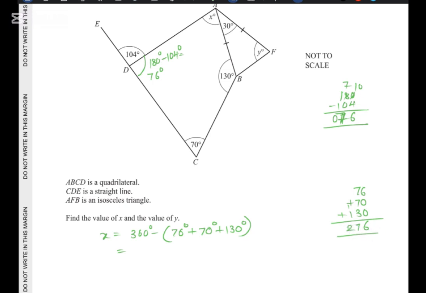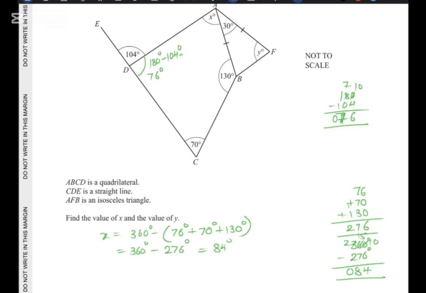So 276. You have to subtract 276 from 360. 10 minus 6 is 4, 15 minus 7 is 8, and 2 minus 2 is 0. So 84 degrees. The x value is 84 here.